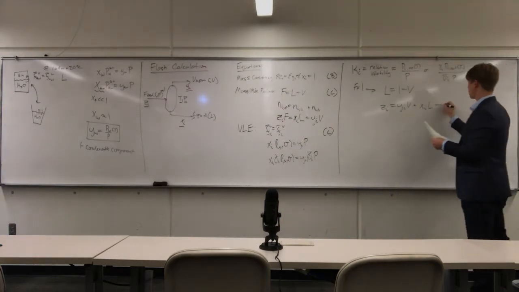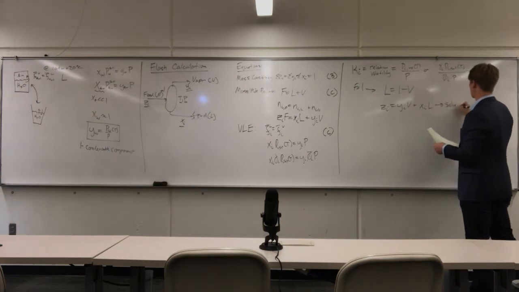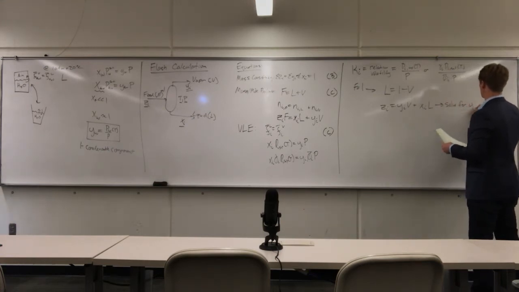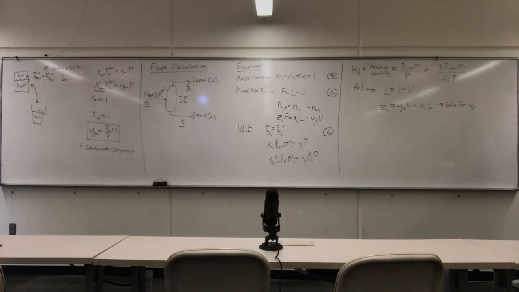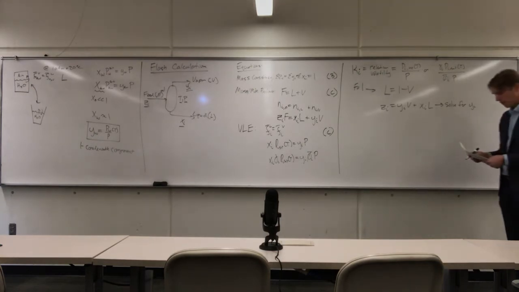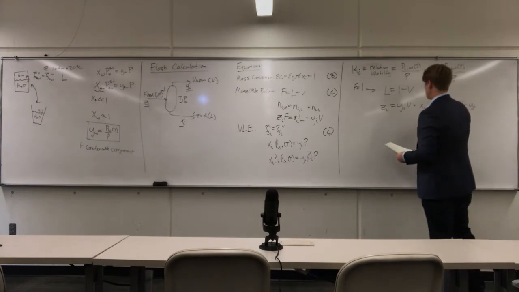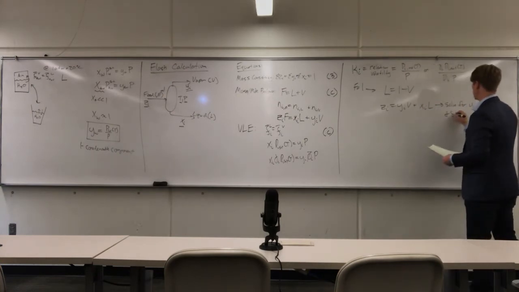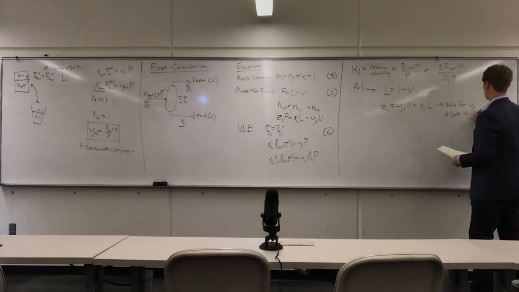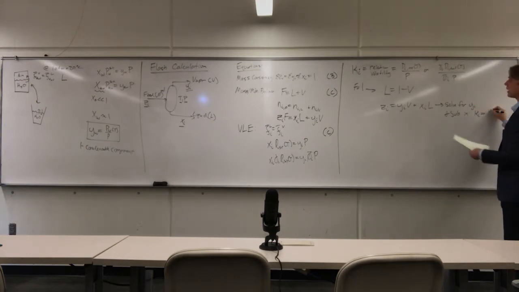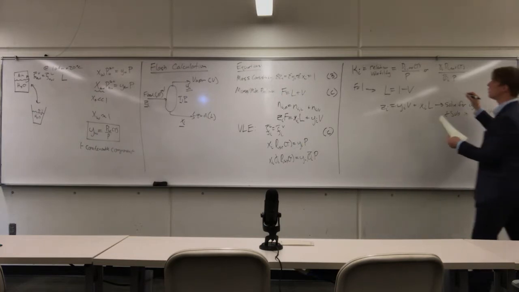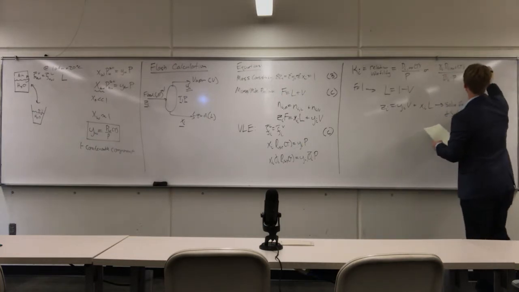We will solve this for y. I'm not actually going to show the algebra because I trust that you can all do algebra. Solve for y. Oh, sorry, let's see. I didn't finish this out here. Sorry.